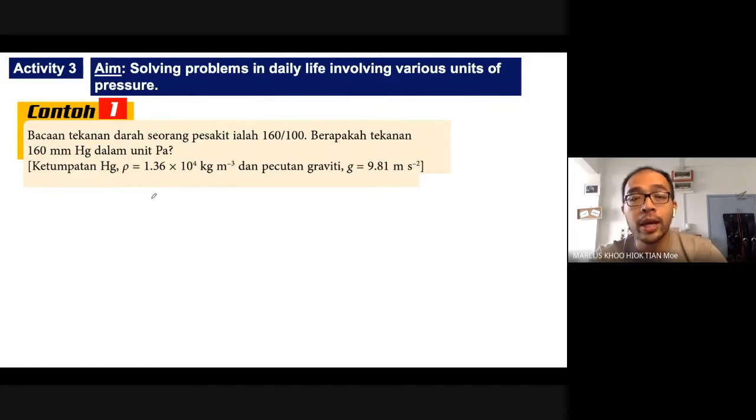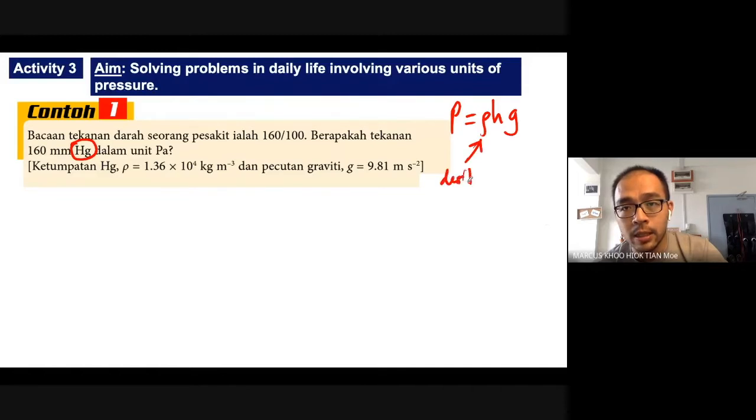We use the formula that we learned in the previous subtopic, which is liquid pressure equals rho g h. Except that now, since we are using mercury, if it is millimeter mercury, then this density will be the density of mercury, which is given over here, 1.36 times 10 to the power of 4.